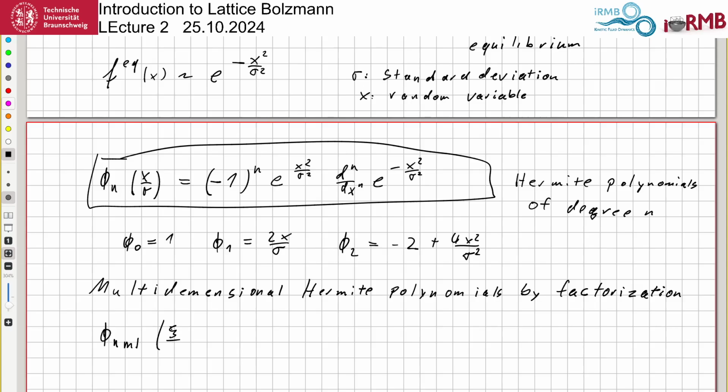These dimensions are xi divided by sigma, upsilon divided by sigma, and zeta divided by sigma, where sigma now would be related to the temperature. It is the product of the one-dimensional Hermite polynomials. So we get multi-dimensional Hermite polynomials by multiplying one-dimensional Hermite polynomials.